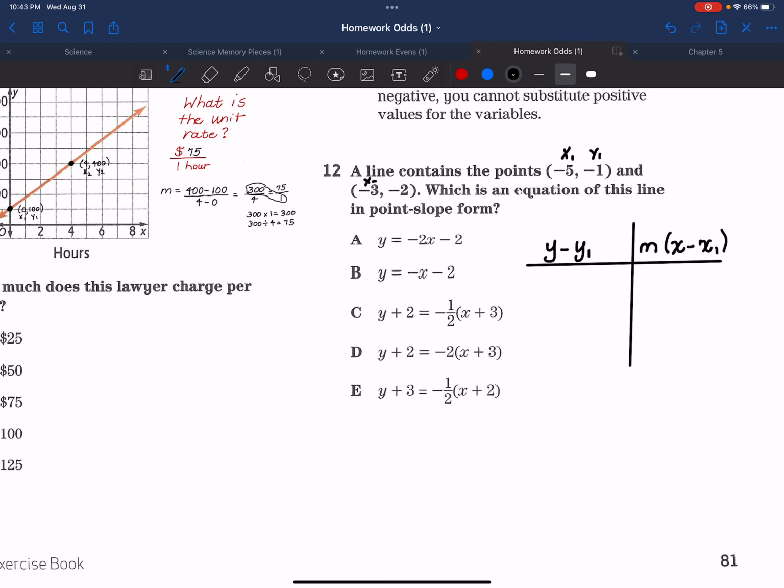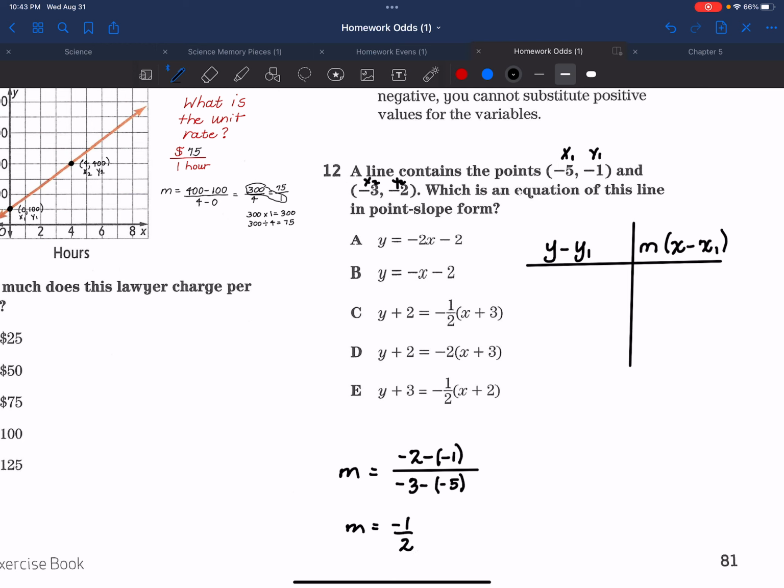I would label them. I have to, or I get them all mixed up. You guys know me. So slope is y sub 2 minus y sub 1 over x sub 2 minus x sub 1. So slope is negative 1 over 2.